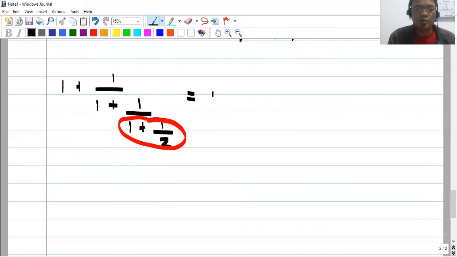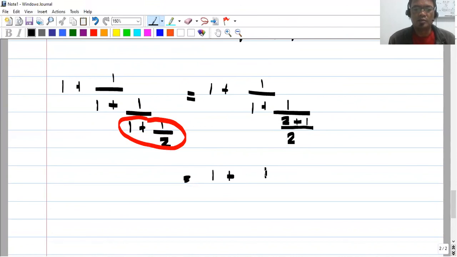We just copy 1 plus 1 over 1 plus 1 over. Okay, so we have the shorter bar, 2 in our denominator, times 1 is 2, plus 2 divided by 2 is 1, times 1 is 1. So we have 1 plus 1 over 1 plus 1 over 3 over 2.